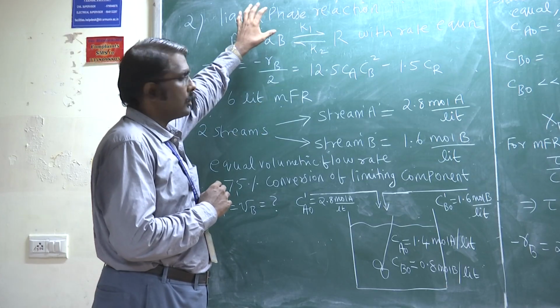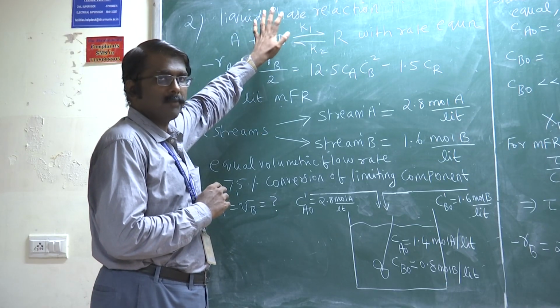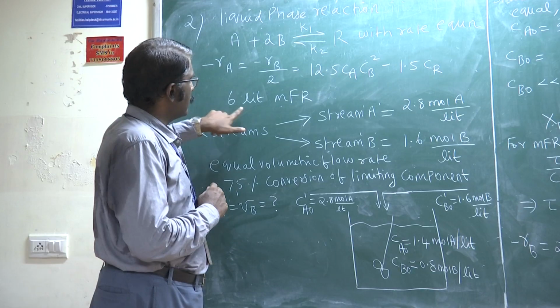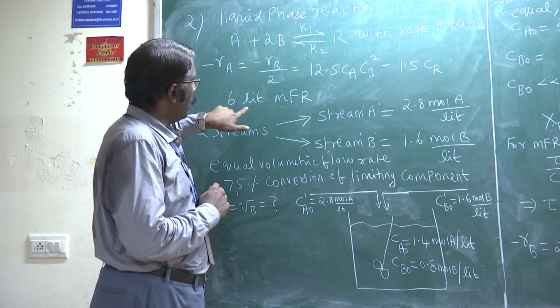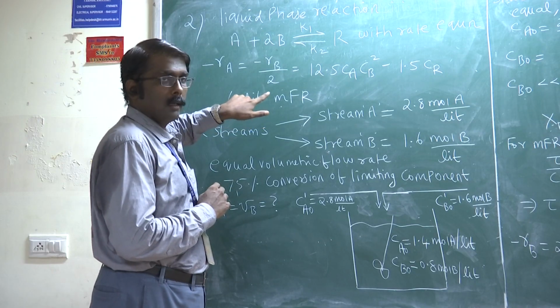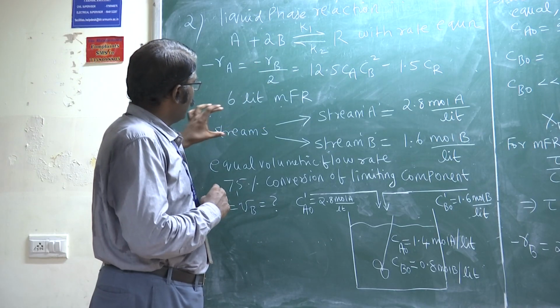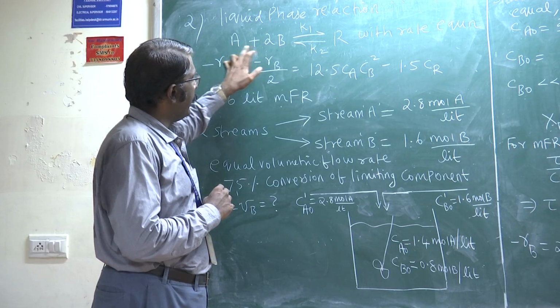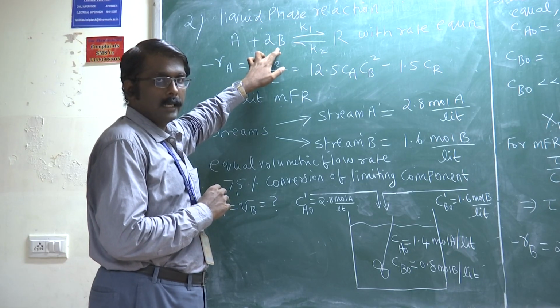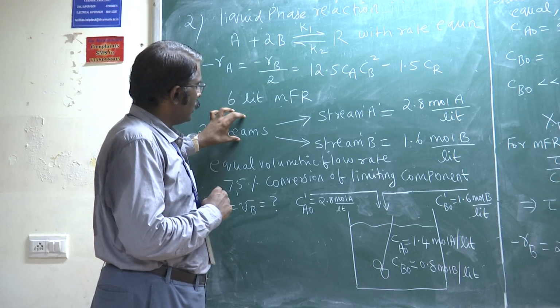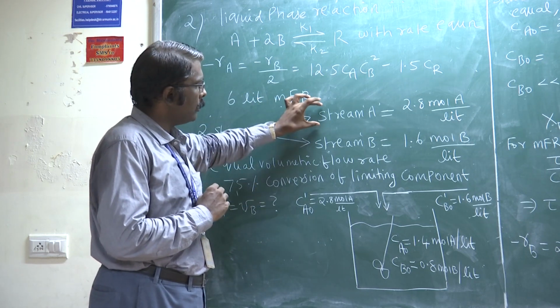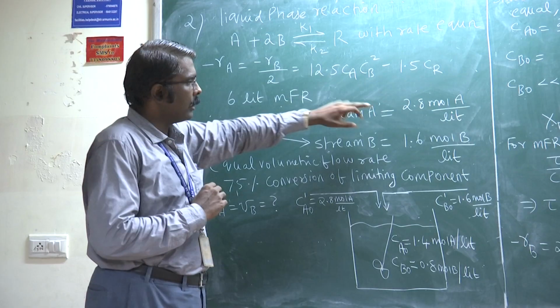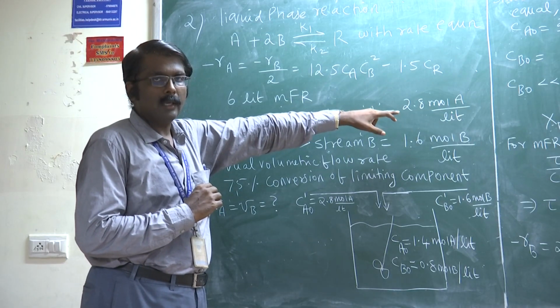Now this reaction is taking place in a mixed flow reactor with a volume of 6 liters. Since two reactants are involved in the reaction, two streams will be entering the reactor. The first is stream A, having a concentration of 2.8 moles of A per liter.